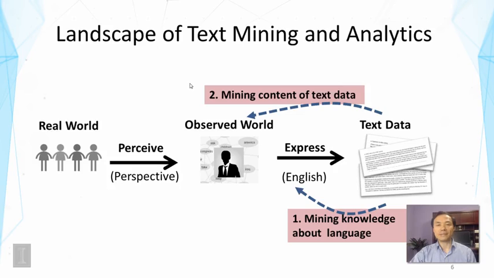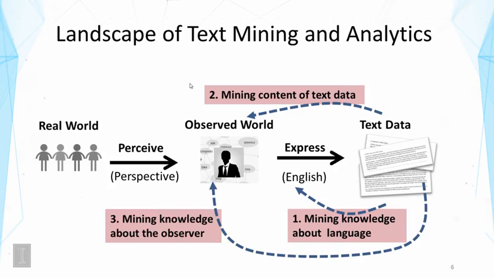If you look further, then you can also imagine we can mine knowledge about this observer himself or herself. So this has also to do with using text data to infer some properties of this person. And these properties could include the mood of the person or sentiment of the person.